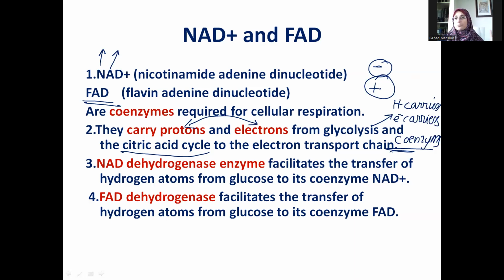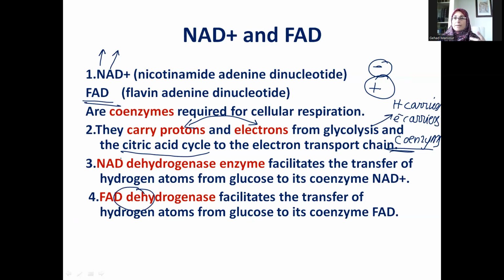NAD is a coenzyme for an enzyme called NAD dehydrogenase. FAD is a coenzyme for an enzyme called FAD dehydrogenase. In dehydrogenase, as you know, the prefix D means removal, okay?